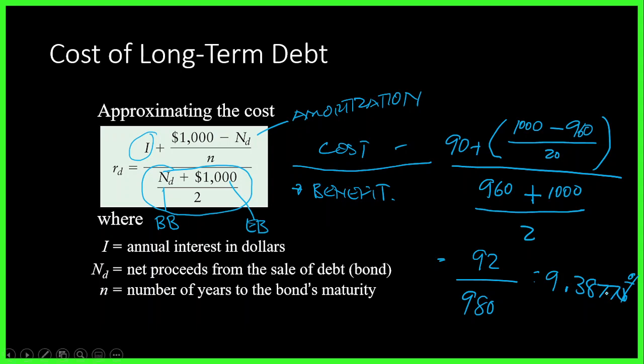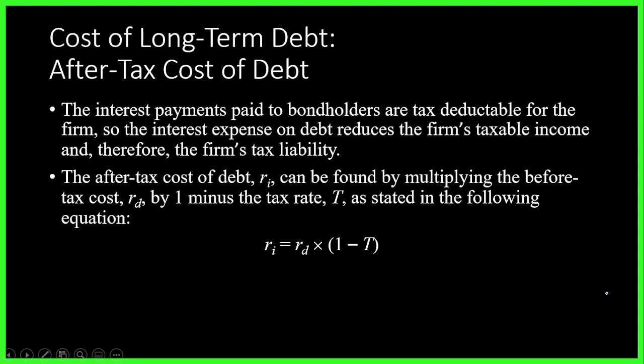Now to continue, after getting the pre-tax cost of debt, you can now compute for the after-tax. How do you do that? You simply multiply your pre-tax cost of debt, in this case, 9.39%, di ba?